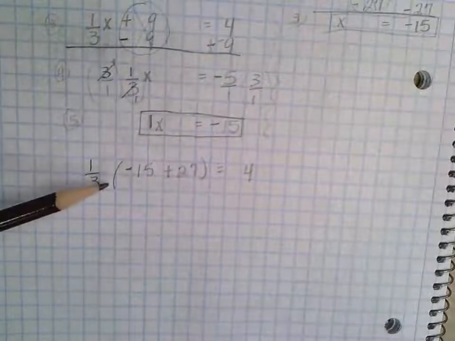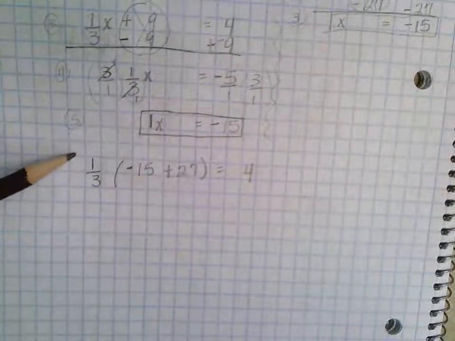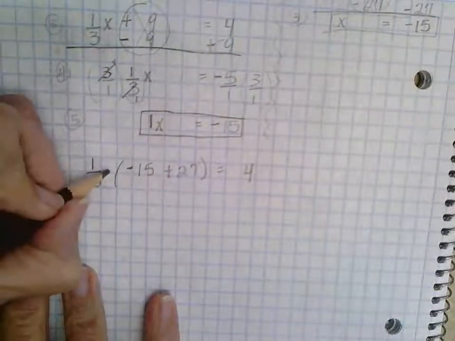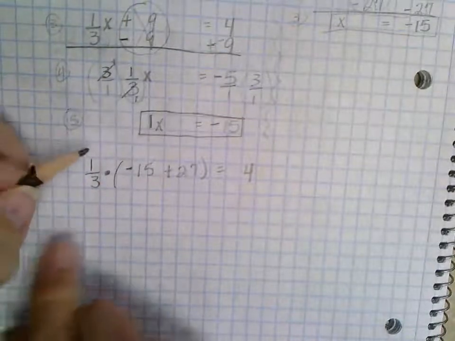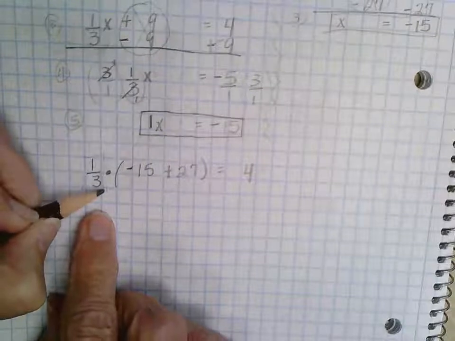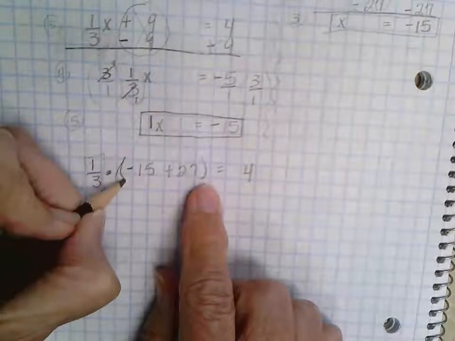Now you'll remember what I did was I multiplied this side and this side by 3. Remember, this is a multiplication problem. So this is looked at as one factor that I'm multiplying by, and actually this is the second factor.